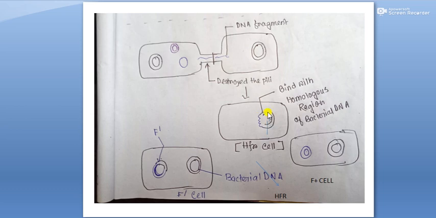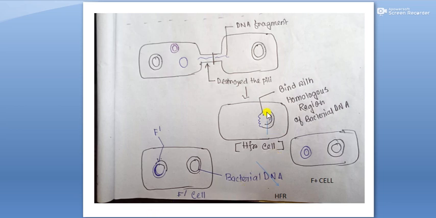After binding with the chromosomal sites or chromosomal DNA, those portions of the F plasmid replicate themselves and are converted into double stranded, right? But they have a tendency to separate out, so those structures are highly fertile. Then what happened?